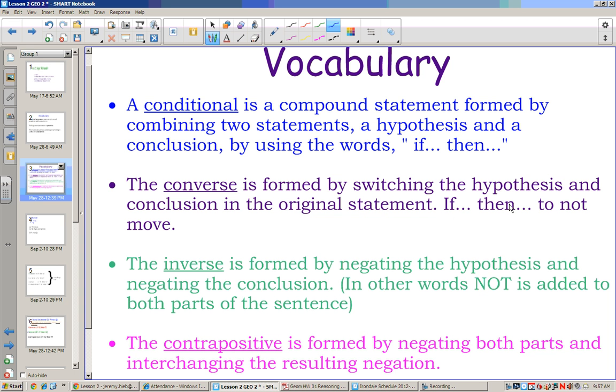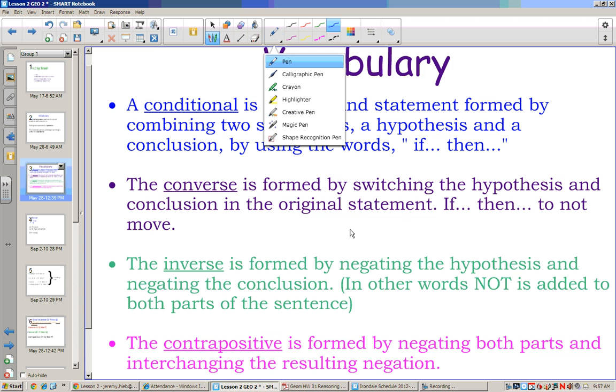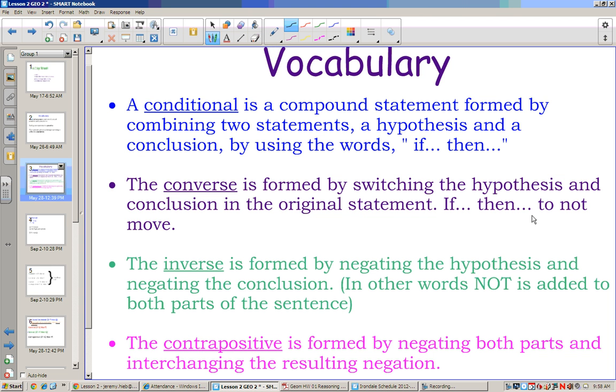So the if and then don't move. That didn't make sense at first. So if I say, if I like cats, then I like a mammal.